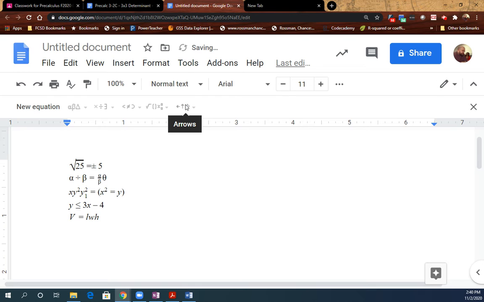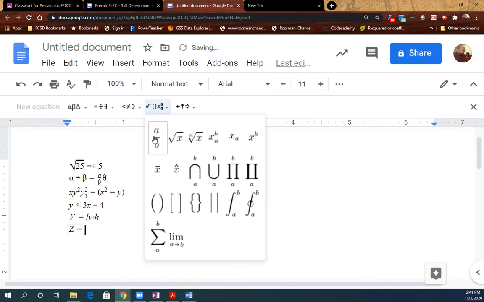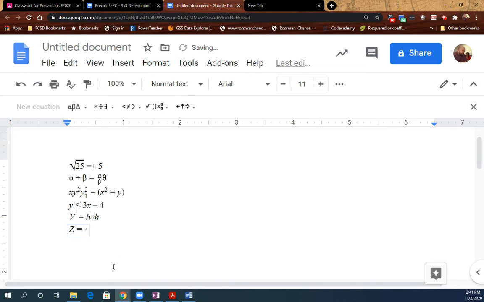If I want to do a larger fraction, now this would be something that I would use in statistics, z, insert equation, z is equal to the fraction. Again, we do the fraction beforehand.